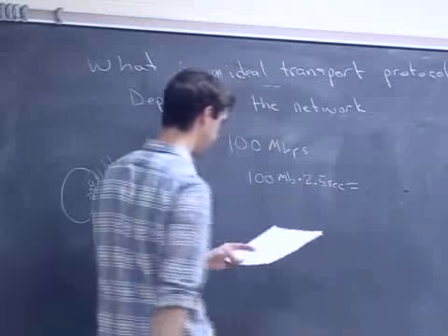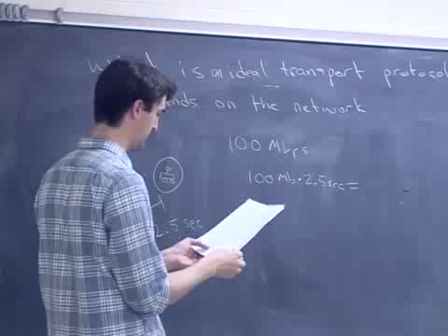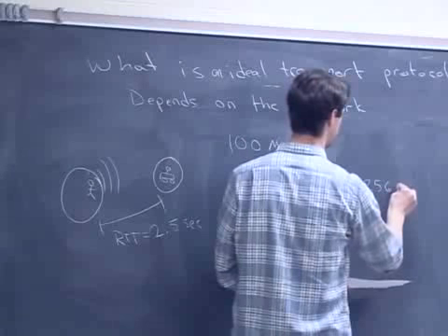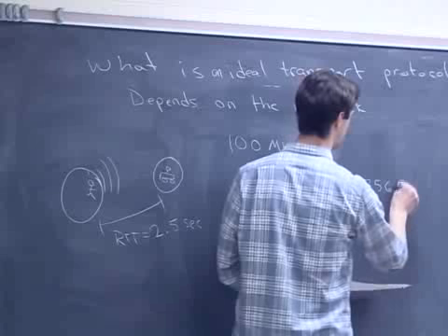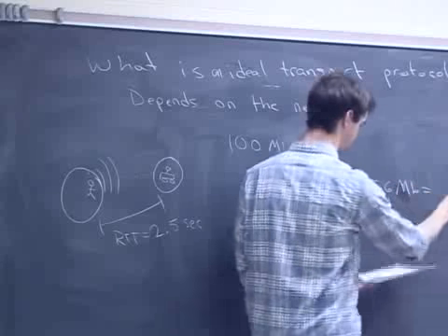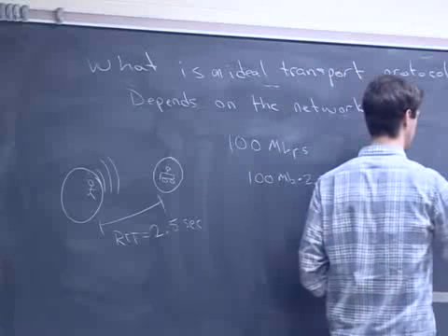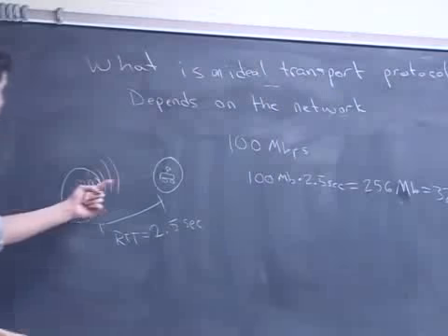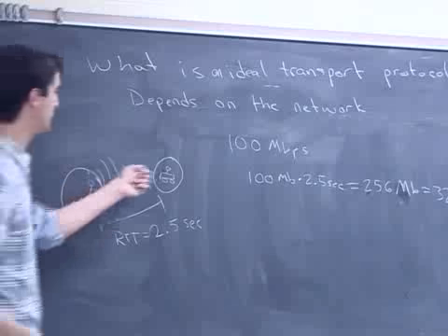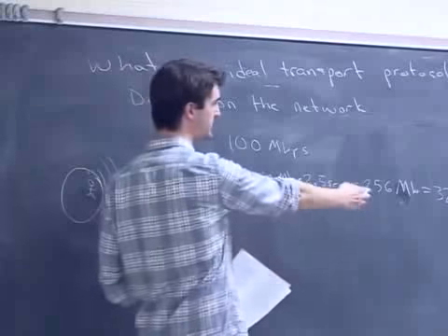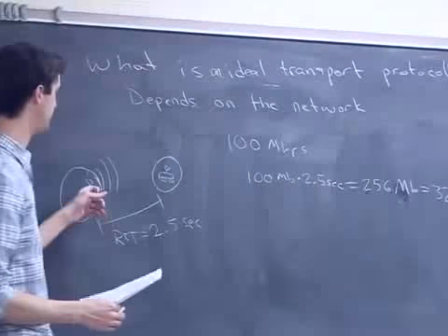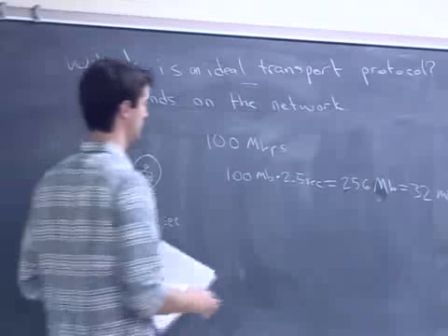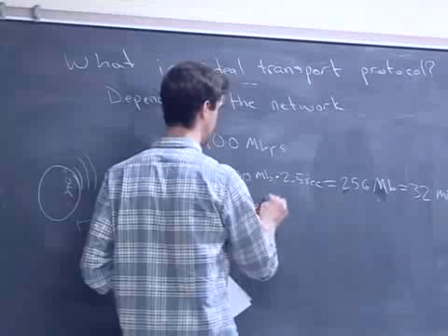So this works out to be 256 megabits, which is about 32 megabytes. So if we were to just send at our full rate here on Earth, we could send 32 megabytes before we received an acknowledgement for any data.